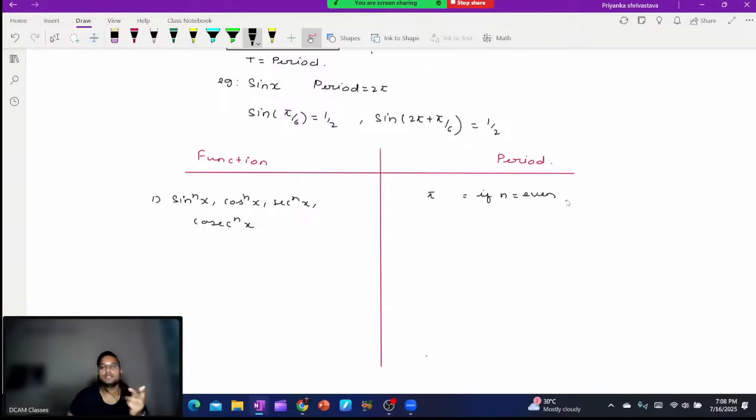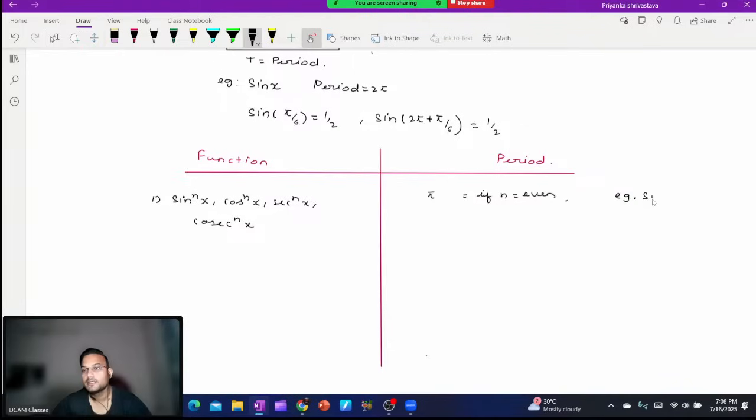Because if I take sine of pi plus theta, it will be minus sine theta. But if the power is even, that will become the same only, na? That's why we consider the period of sine power 4x or sine square x.